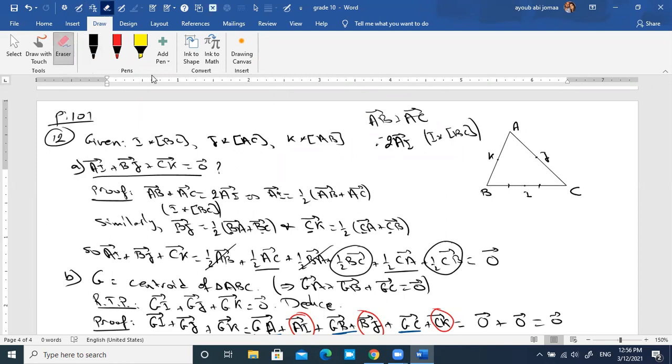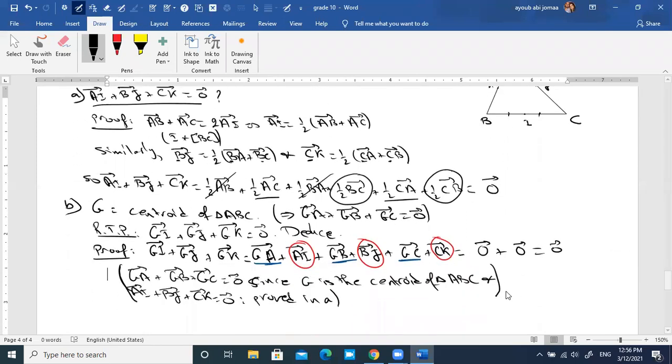It's the parallelogram rule. Okay, good. Now, what can we conclude from this? When you say that we proved that GI plus GJ plus GK is equal to 0, what can we conclude about point J?